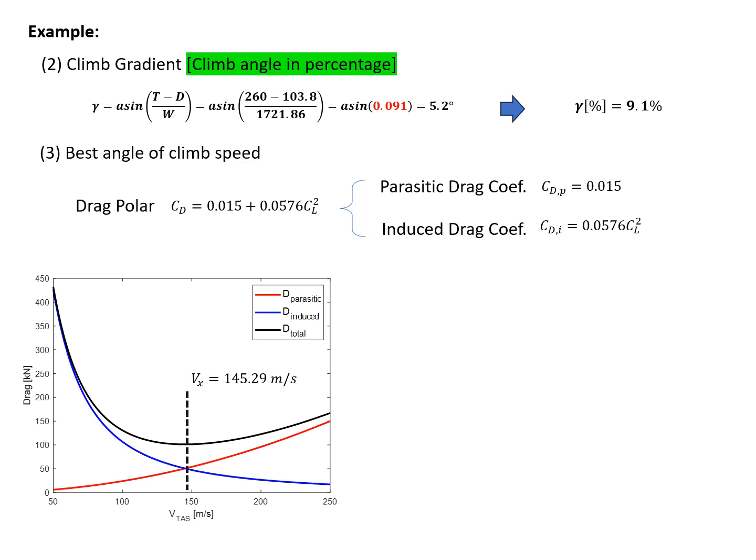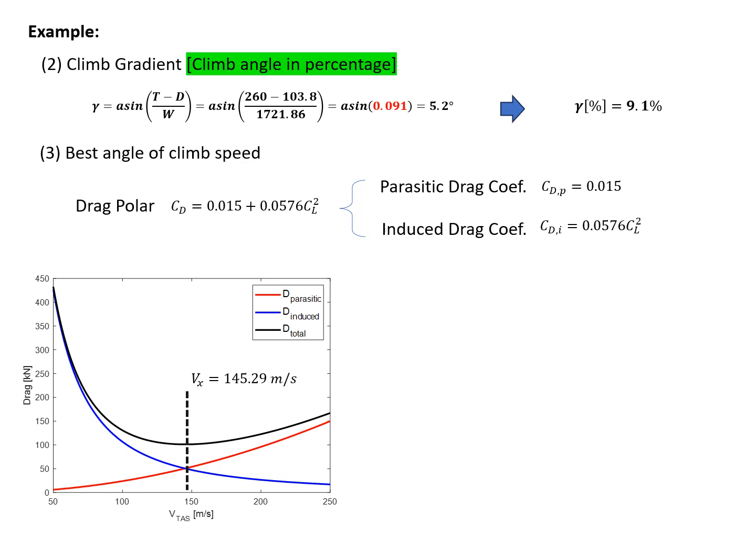The red curve is the parasitic drag, and the blue curve is the induced drag. The parasitic drag increases with true airspeed, while the induced drag reduces with true airspeed. So the total drag is the addition of these two, parasitic drag and induced drag.